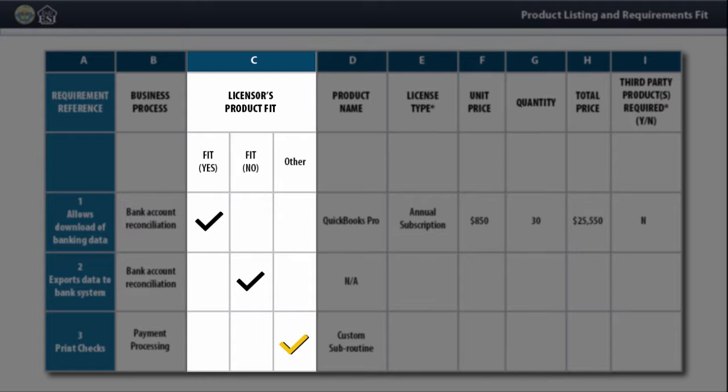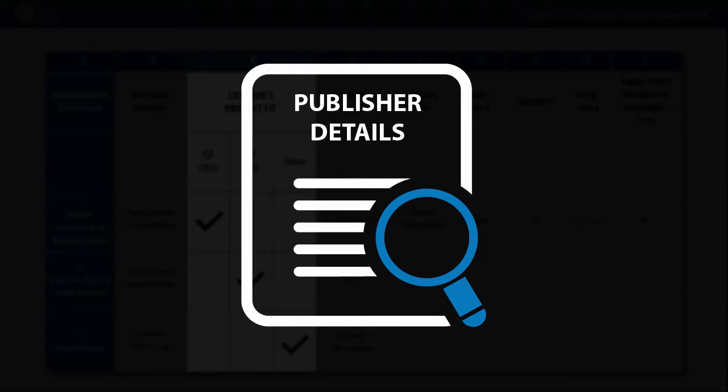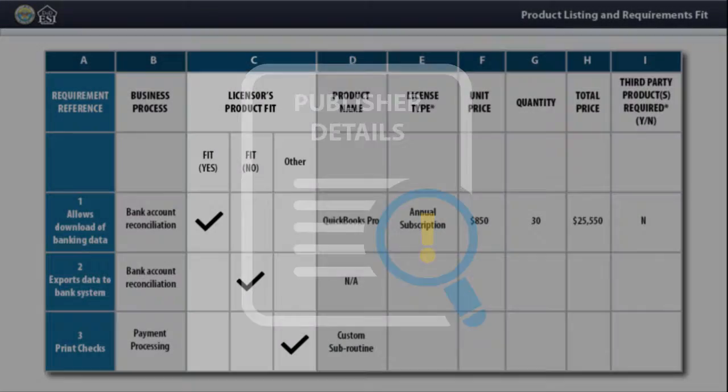If Other is checked, an explanation should be referenced. Publishers usually use this opportunity to explain why their product falls short of a straightforward yes response but does not deserve a no response. Maybe the product meets part of the requirement, or maybe it does something similar to the requirement. These other responses and explanations should be carefully reviewed to understand the degree of fit to the requirement.